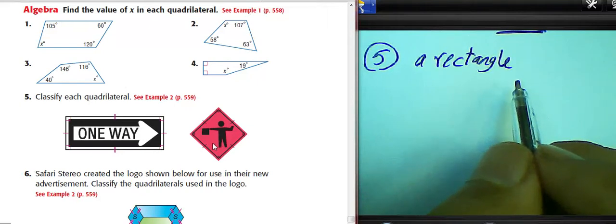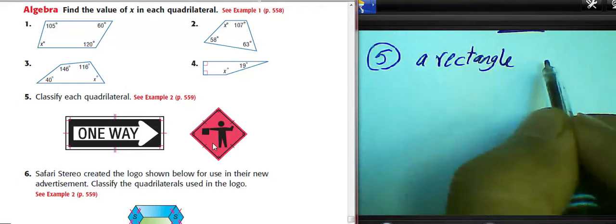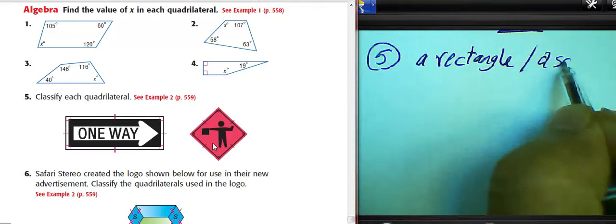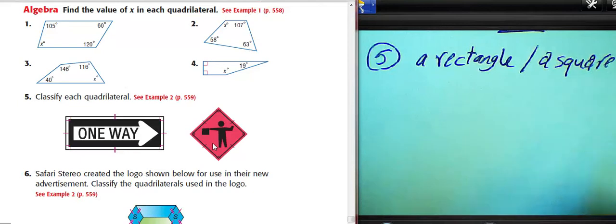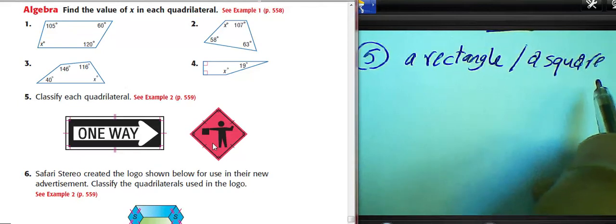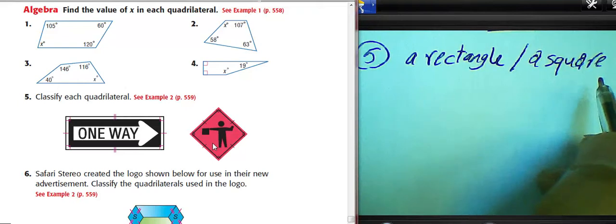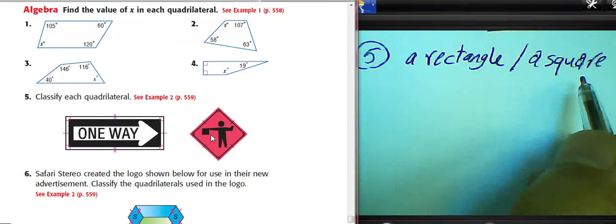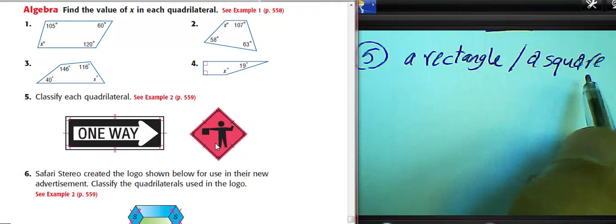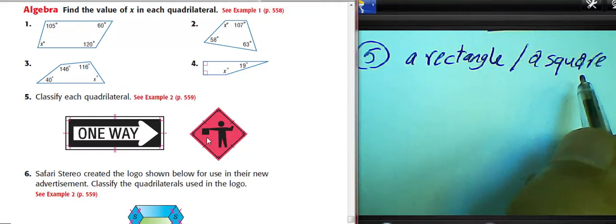So this will be a square. Why? Because all sides are congruent and all angles are equal in measure, and the measure of each of them equals 90 degrees. So this figure we call a square. Don't call it a rhombus, okay, because all angles are equal in measure and each of them equals 90 degrees.